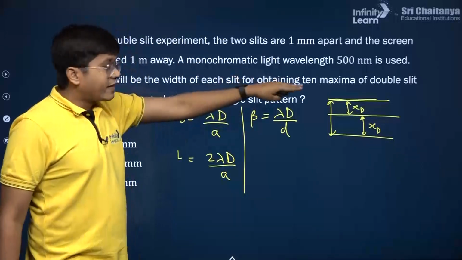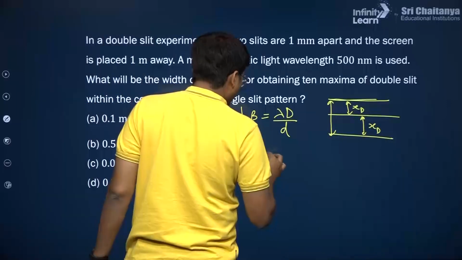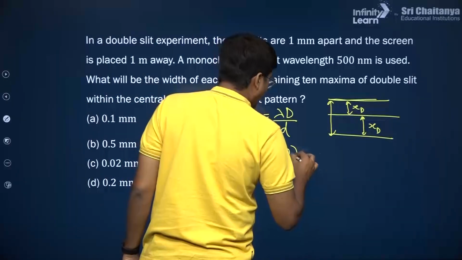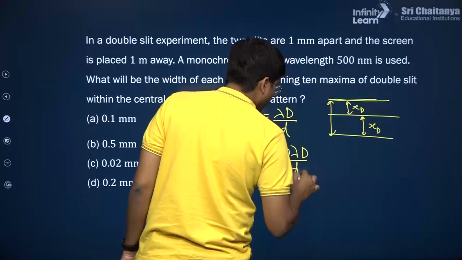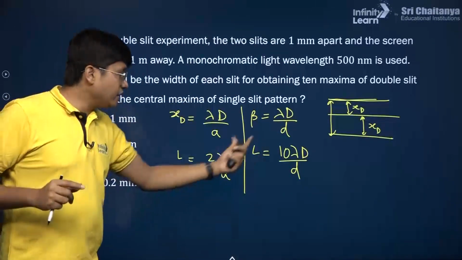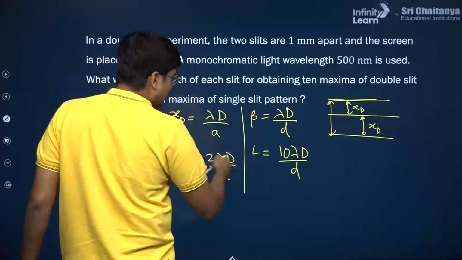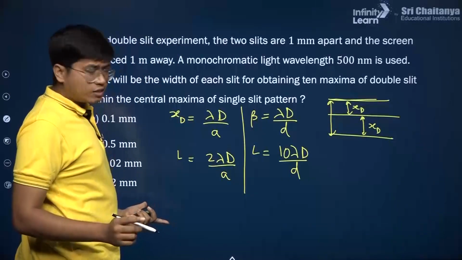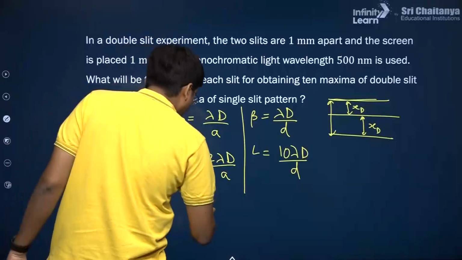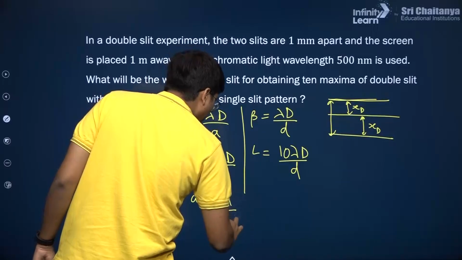Now I've been told that 10 of these fall within this space, which means L would be equal to 10 lambda capital D by small d. That is the distance required for 10 of these fringes, which means this is equal to this. If you do that, you can cancel out the lambda D on both sides, leaving a equal to 2d divided by 10.